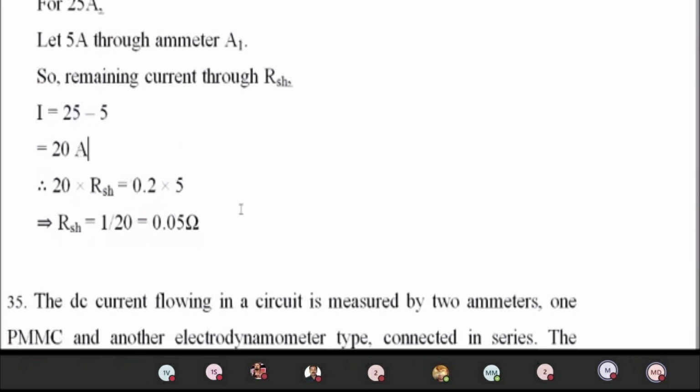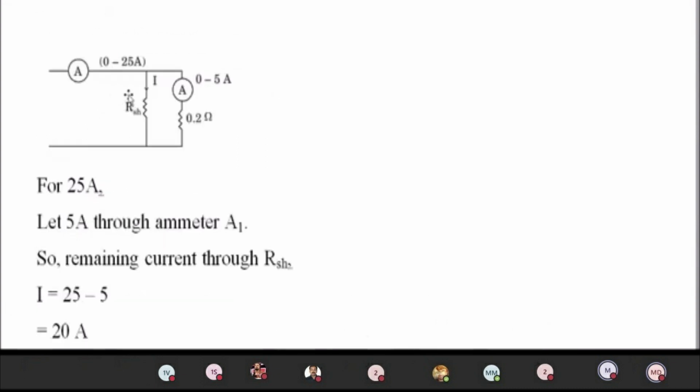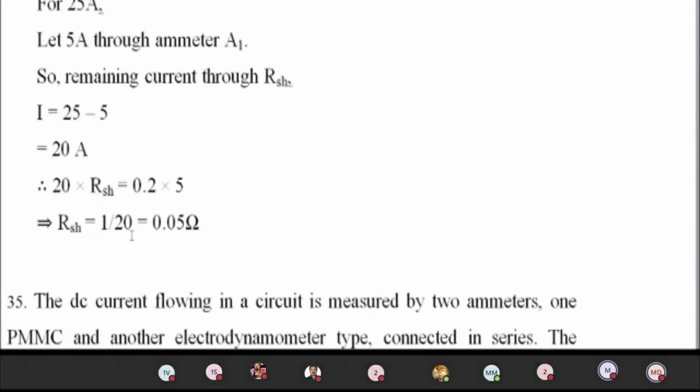After finding this, we can find Rsh is equal to I into R. You can see I into R, because the voltage drop across this Rsh is equal to the voltage drop across the meter and its resistance. With that logic, V equal to IR here, also V equal to IR.